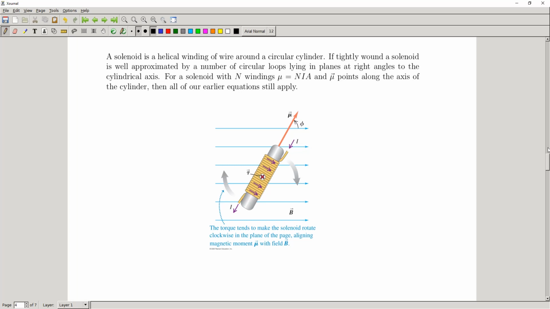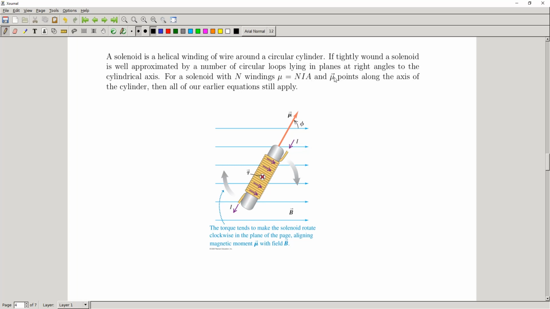So if you tightly wind this wire in your solenoid, you end up with a stack of wire, and you can think of each of these as a single loop, laying in a plane which is at a right angle to the axis of your solenoid. So you think of all these planes being stacked on top of each other, building up this solenoid. And so for a solenoid with n windings, you simply end up with a mu that has a magnitude of n times I a, because mu before was I a, but we just have n of them now, so we multiply by n.